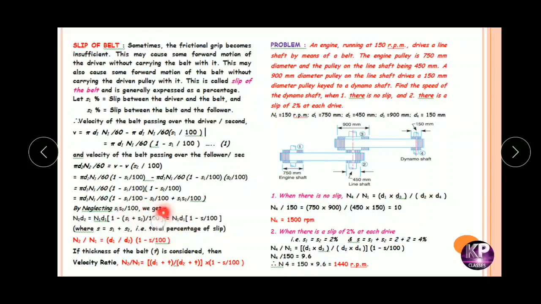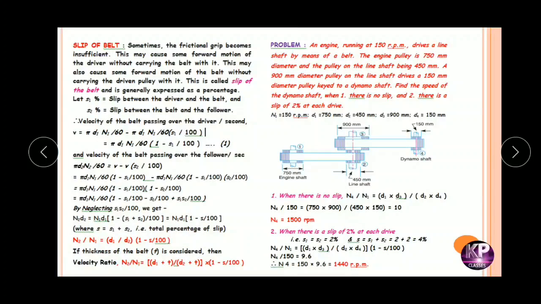Finally, n2 by n1 equals d1 by d2 into 1 minus s by 100. This is the final formula for the velocity ratio when slip occurs.